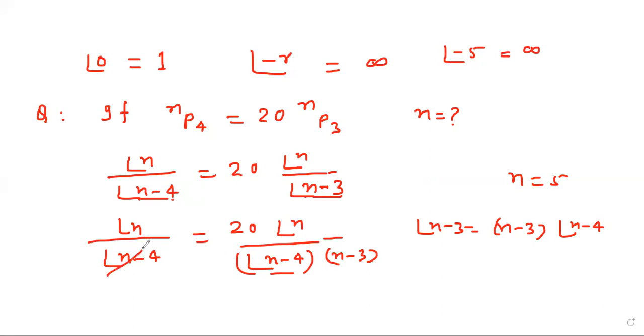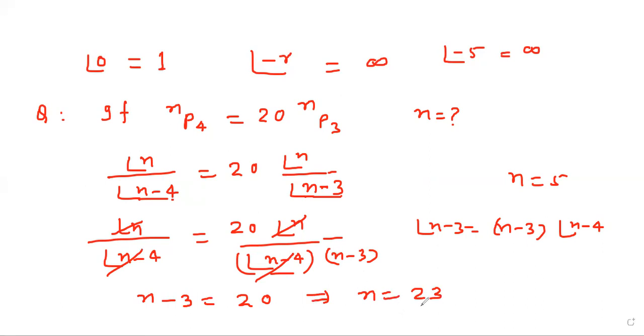So here factorial n minus 4 and factorial n will cancel out, and we will get n minus 3 equals 20 or n equal to 23.